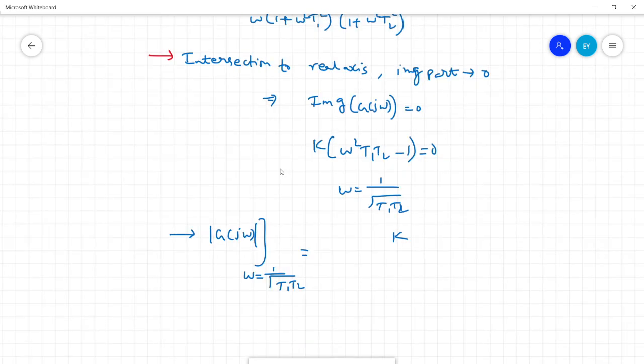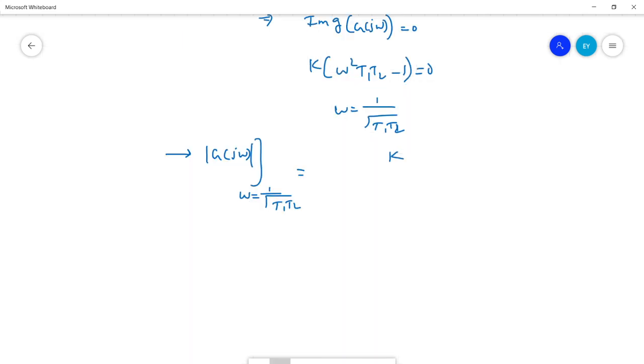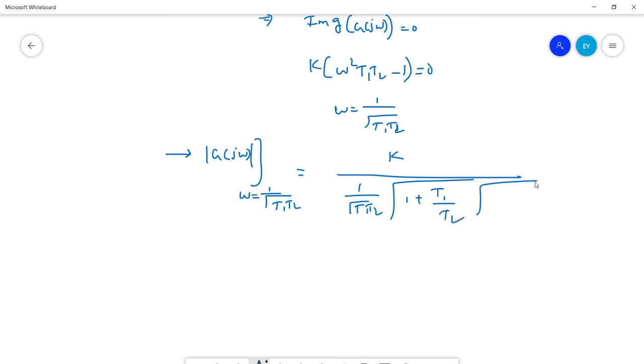Once you substitute omega equal to 1 by root of t1 into t2, you get 1 by root of t1 t2 into root of 1 plus t1 by t2 into root of 1 plus t2 by t1.